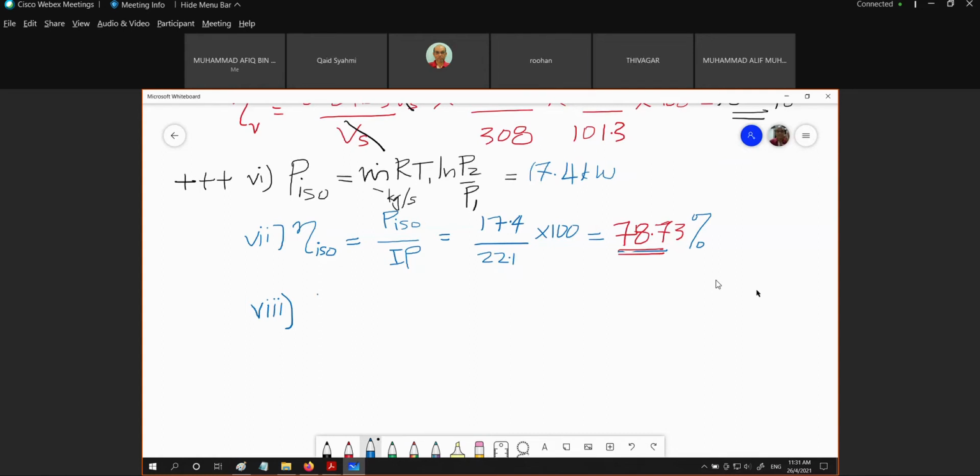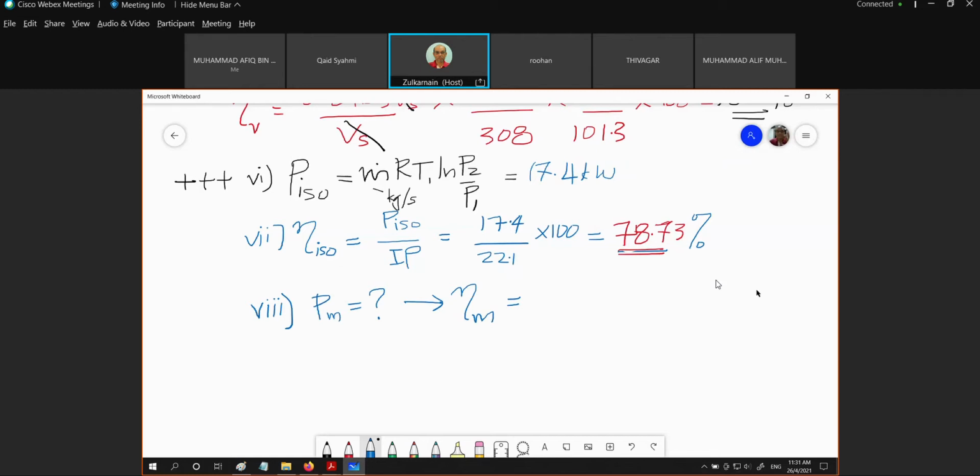Okay, P motor. Why do we have P motor? What causes the P motor to be different from the IP? Mechanical efficiency. Yes, we have the mechanical efficiency. What is the definition of mechanical efficiency in this case?